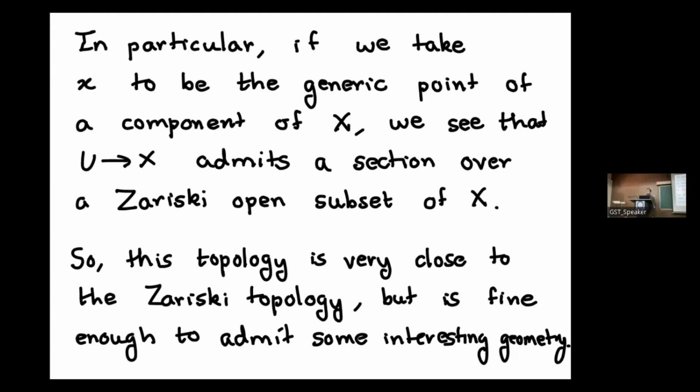At the same time, it is fine enough to admit some interesting properties that we would like to have, to do some interesting geometry, or really I should have said some interesting algebraic topology. What does one mean by that?